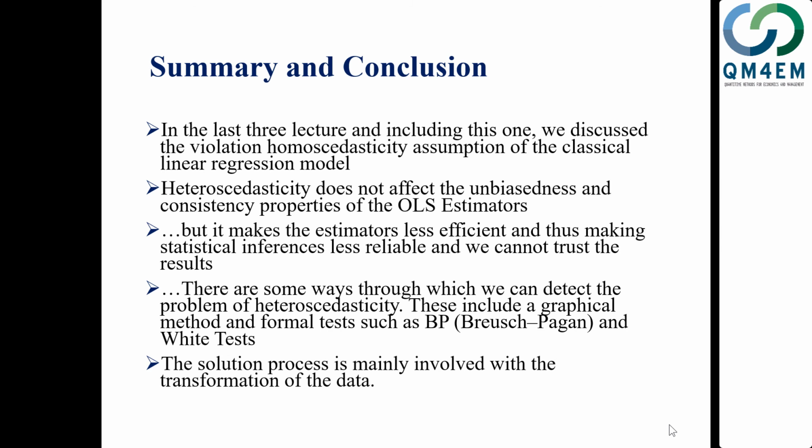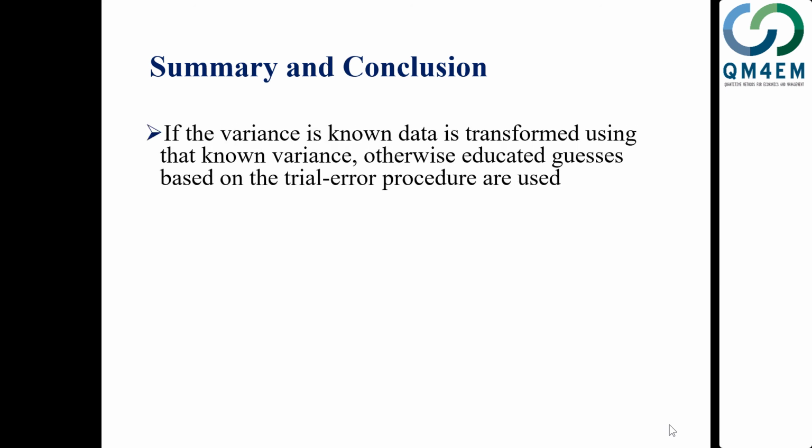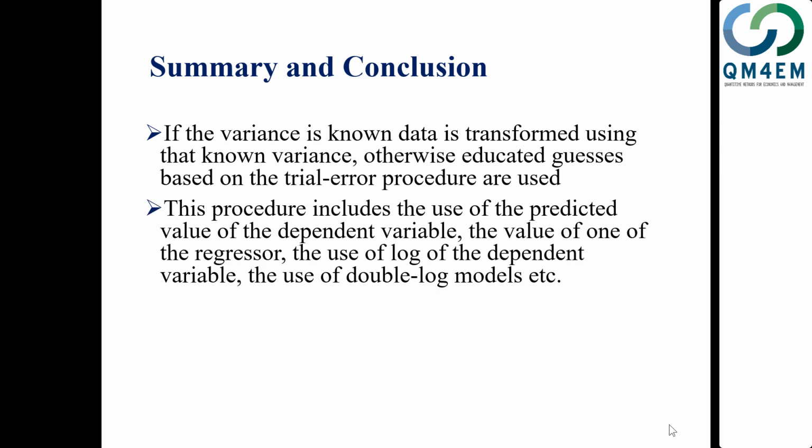And then we discussed the solution process that involves mainly the transformation of the data that can solve the problem of heteroscedasticity. These transformations were of two types. The first one was when the variance was known, so the data was transformed through that known variance. If it was not known, we used the trial and error procedure with some educated guesses and tried to solve this problem. These educated guesses were of different forms.